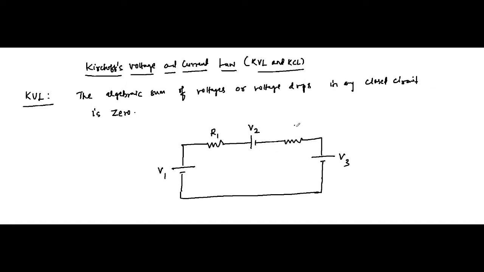Let us say the current flowing from V1 is I. Here there are certain things that are important.